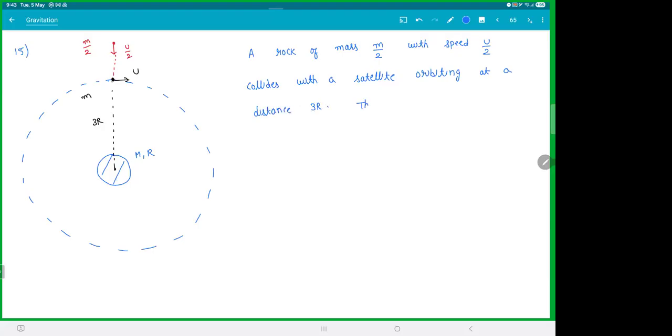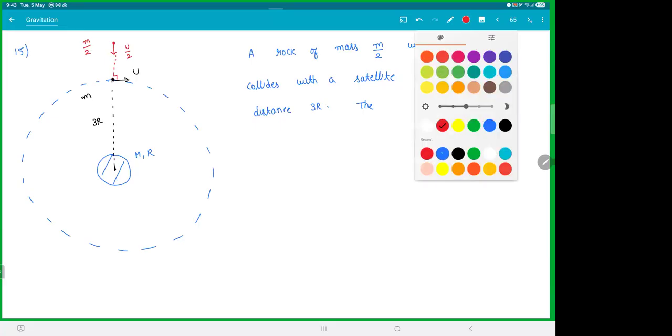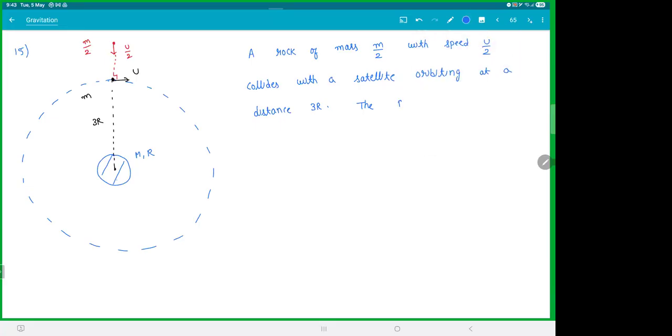So the rock collides radially, meaning the net force will be along the center, if this collision is radial. The rock collides radially and sticks to it. So basically e is equal to 0. It's a perfectly inelastic collision.